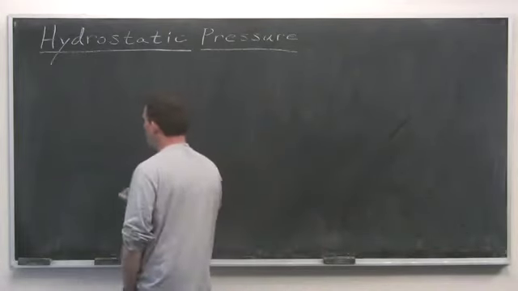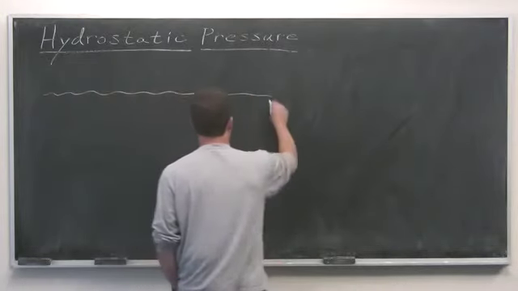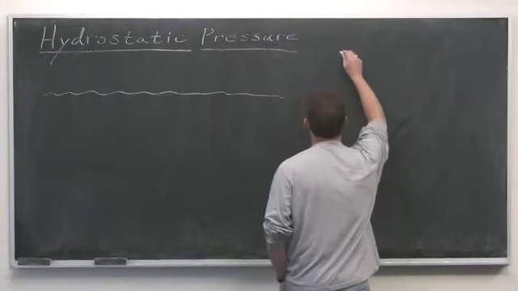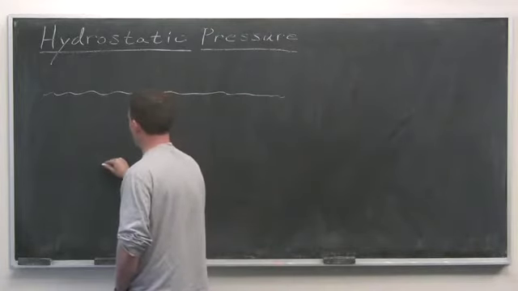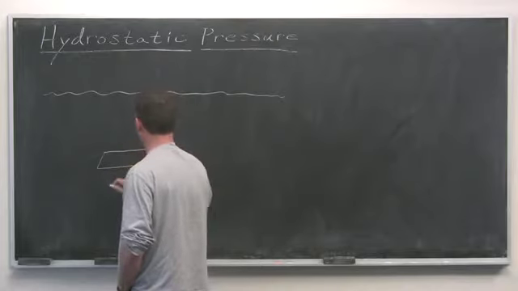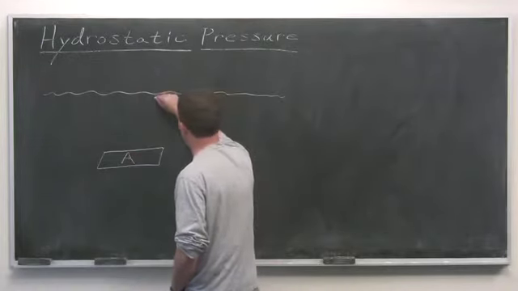So suppose you've got a body of water, but again, it could be essentially any liquid. What we're interested in is pressure on a surface that's, I'm going to write, area A and some depth.